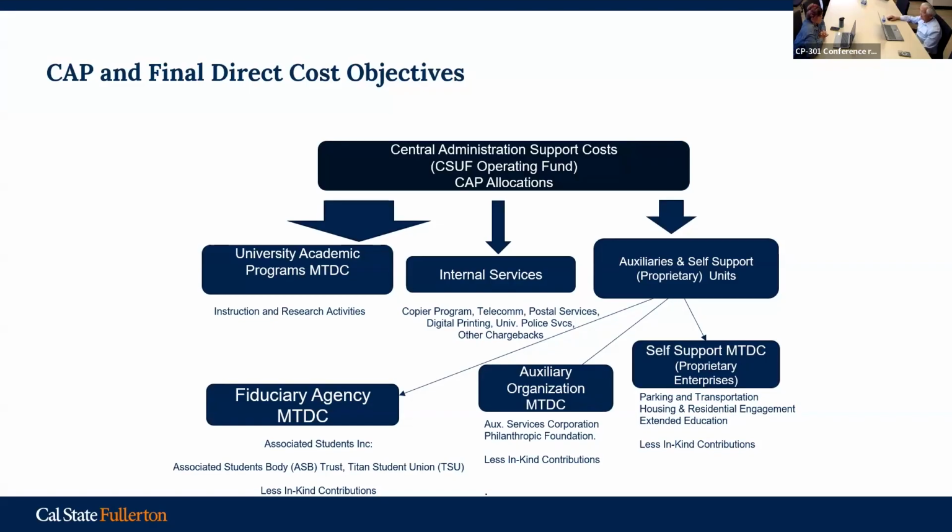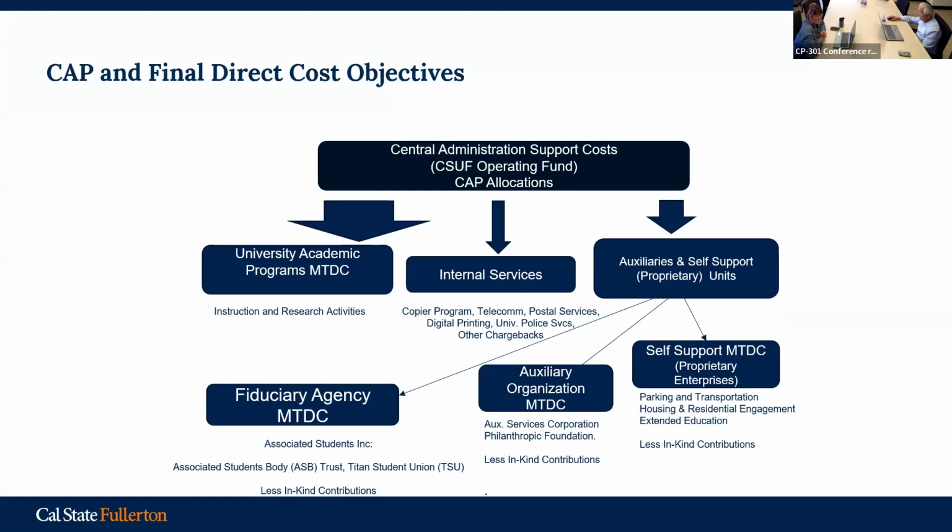And the auxiliaries come in 3 flavors. One is called a fiduciary agency, that is the Associated Students. It's called fiduciary because it comes from student fees, and they have to report and monitor that very carefully. Auxiliary organizations: you have the Auxiliary Service Corporation that manages grants and contracts. You have the Philanthropic Foundation.